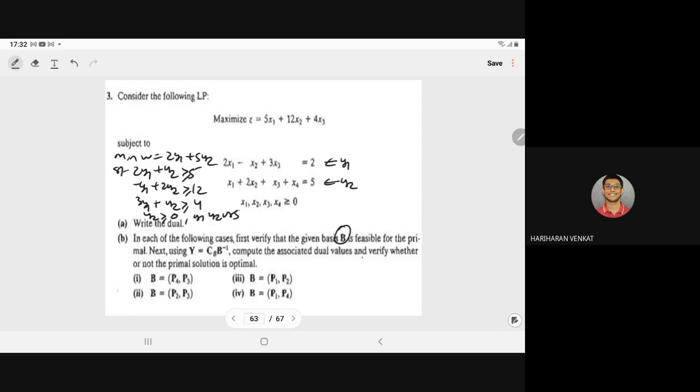So as you combine these two, you will get y1 is urs and y2 is greater than or equal to 0, non-negative. Y2 is non-negative.